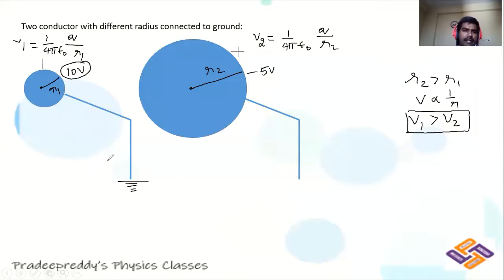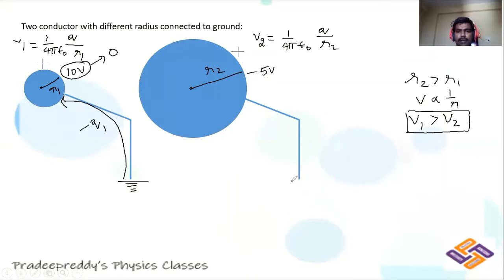And in order to compensate this 10 volt potential, negative charge gets transferred from ground to the conductor. So minus Q1 amount of charge is transferred to this conductor, such that its potential tends to become 0, right?